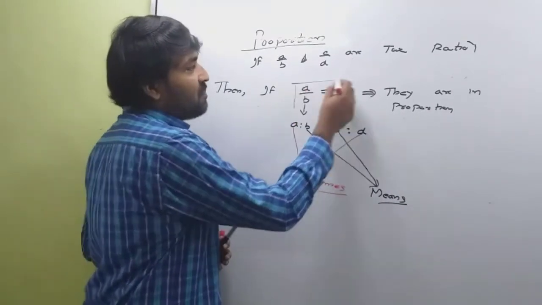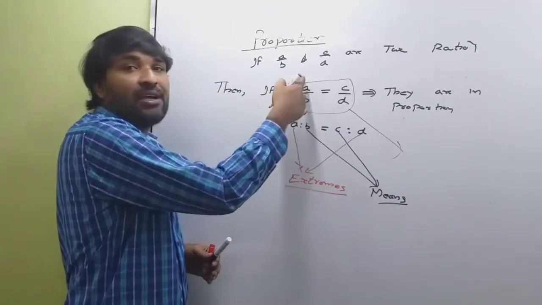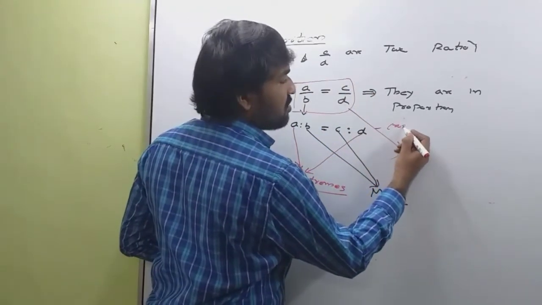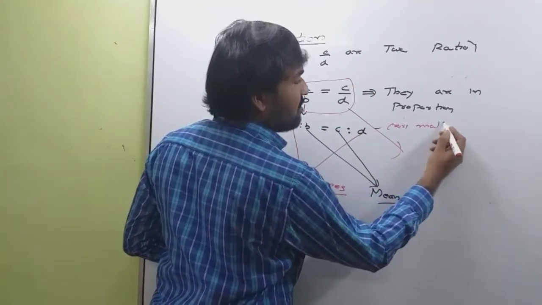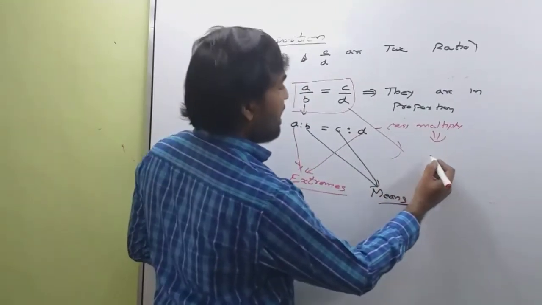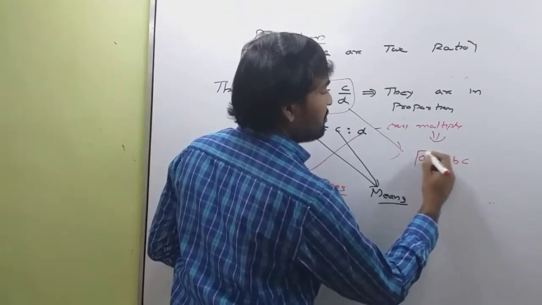From this expression, just cross multiply, we get A into D is equal to B into C. That implies AD is equal to BC.